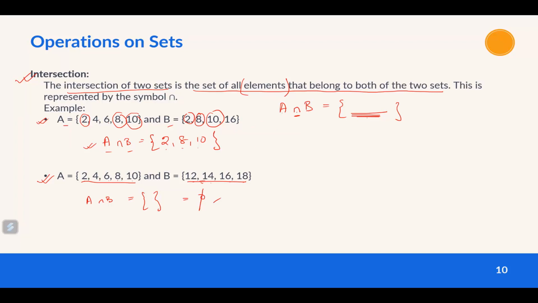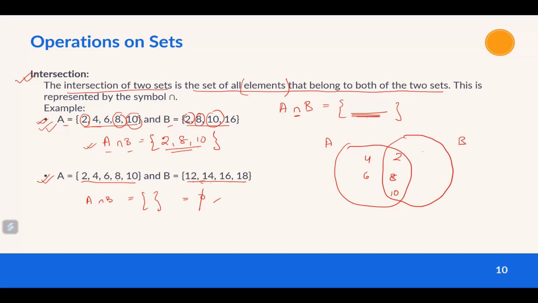Now you notice, what is union doing? Union gets the set of all the elements which are present in both the sets, right? And intersection only contains the elements which are in both the sets. So if we draw a Venn diagram of this example, the set A will have 2, 8, 10, 4 and 6, and the set B will have 2, 8, 10 and 16.